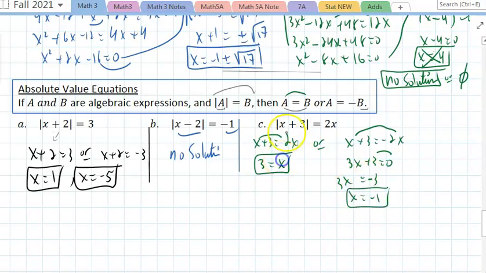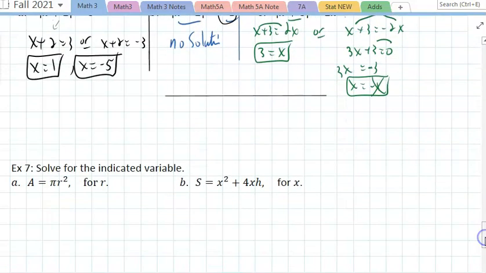Now, if I throw the 3 in, 3 plus 3 is 6. The absolute value of 6 equals 6, that's right. Negative 1, 2 equals negative 2, that doesn't work. We normally don't check absolute value, but whenever you have a variable, you've got to be careful because you want to make sure that the variable is never negative, even though domain doesn't apply.